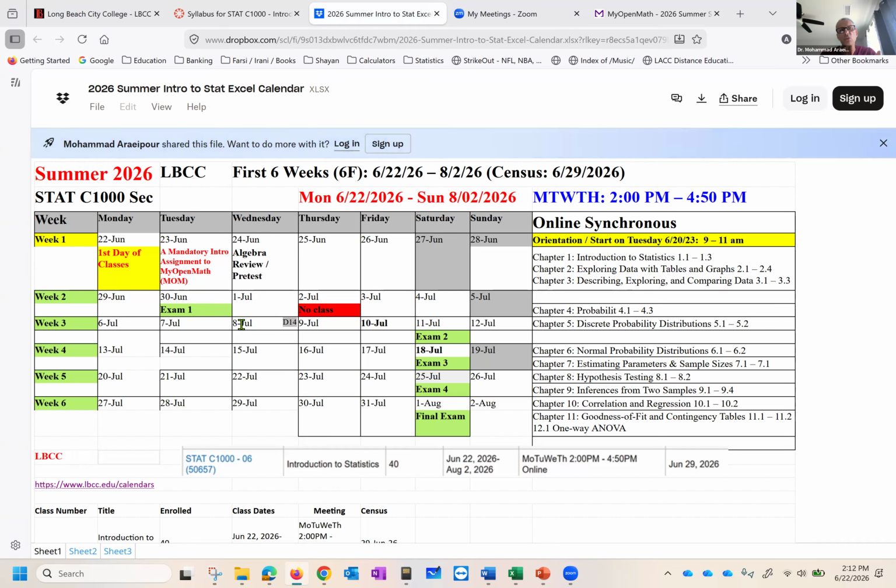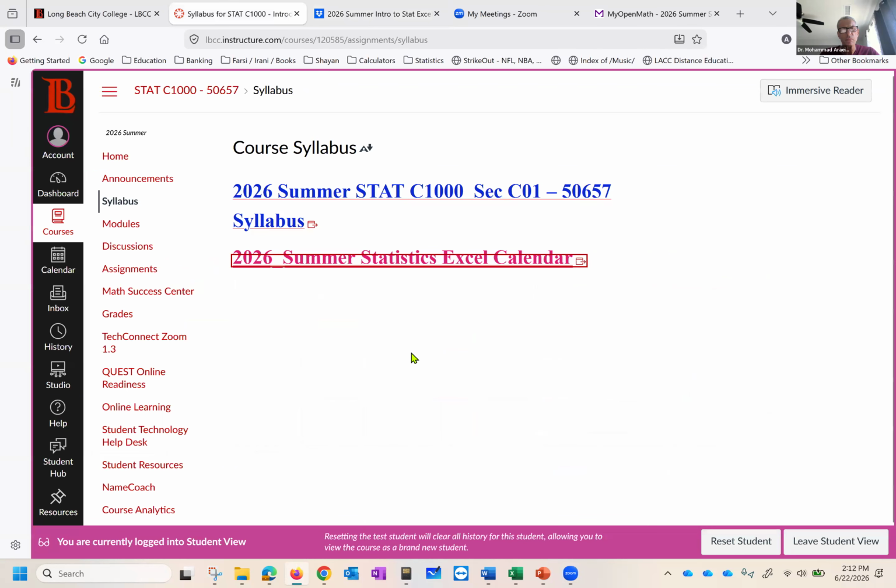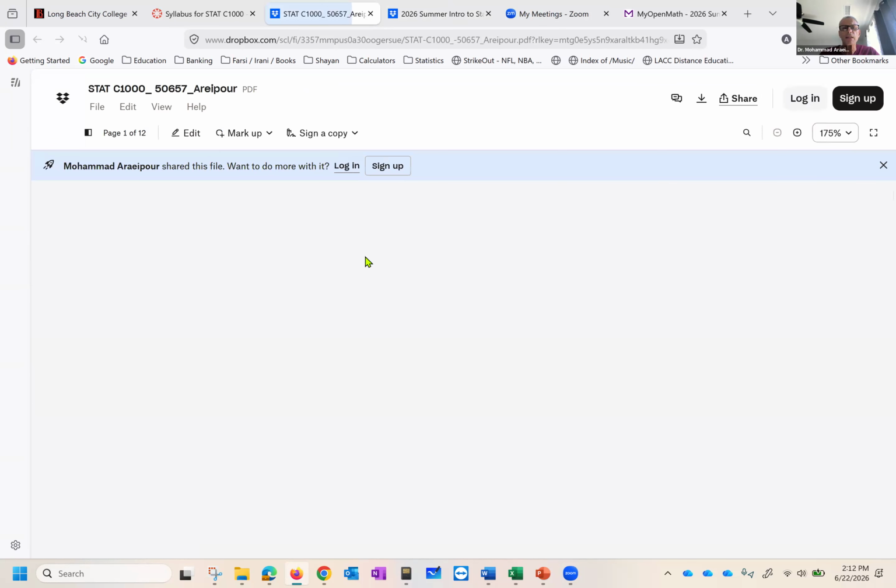However, if you want to do well, you have to do your homework on a daily basis. All you have to do is a few sections per day. Couple of things that are due immediately. One of them is introduction to my open math, and the other one is algebra review. So that's available.